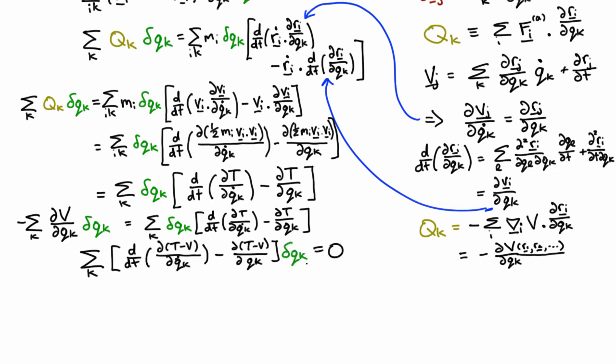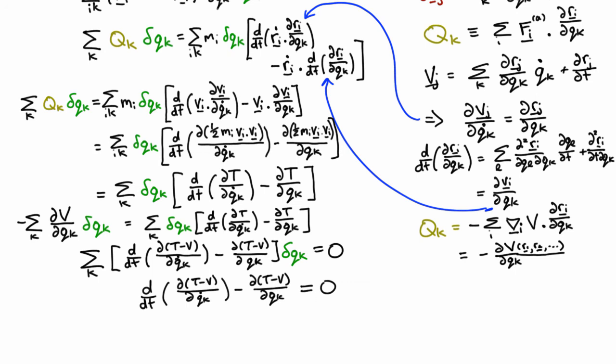And now we use a very simple argument that says that these movements here could have been completely arbitrary, and this equation has to be true. So if this equation is true no matter what these things are, if they're completely arbitrary, then if this sum has to be 0, then in fact each of these terms individually has to be 0. And that is an extremely familiar looking equation. That looks exactly like the Euler-Lagrange equation.